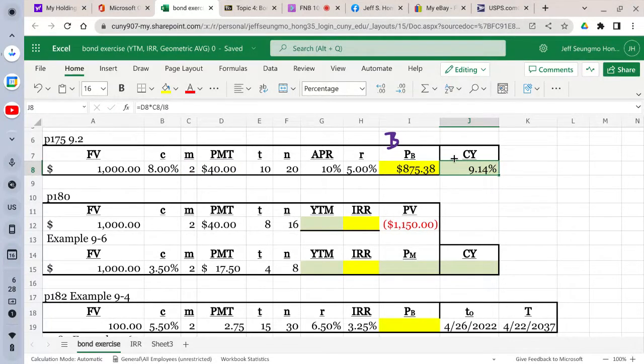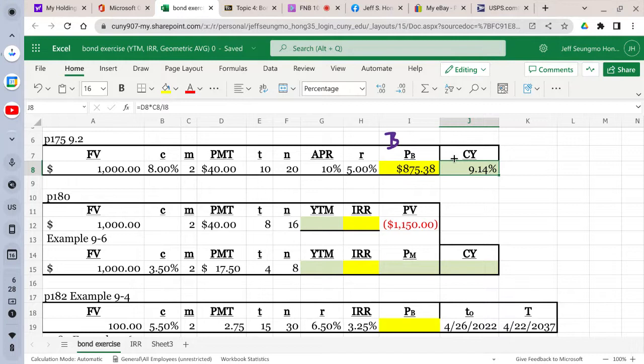Professor, I have a question. So in real life, if we were to purchase a bond, we would just use the market price as opposed to what we calculated based on the present value formula, right? That's right. With the formula, you find the intrinsic value, or the rational price or fair value.